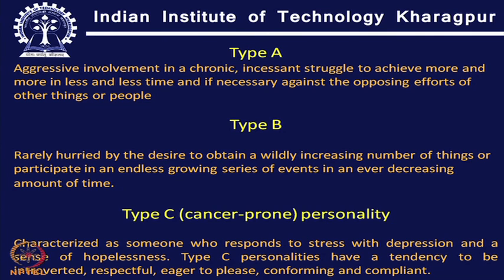So, we have to be careful of people having this type of personality if we see them around us in the organization, because this may hamper their individual performance, leading to disturbance in the group and organizational performance.